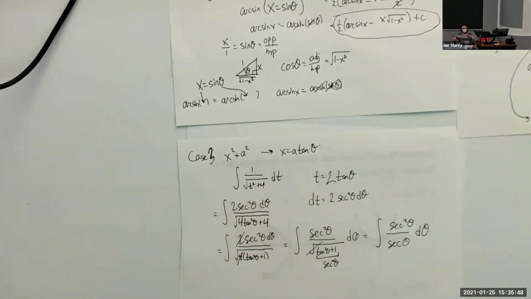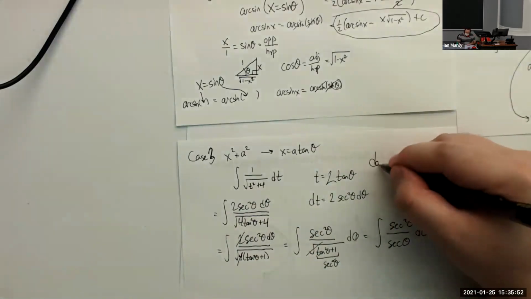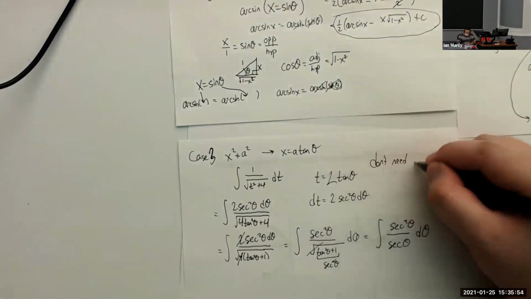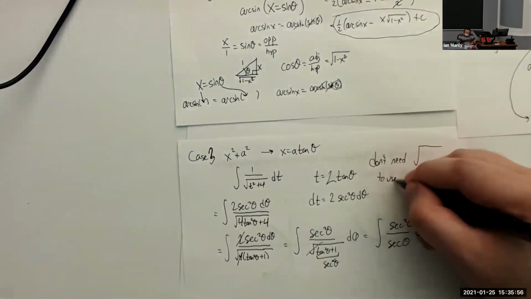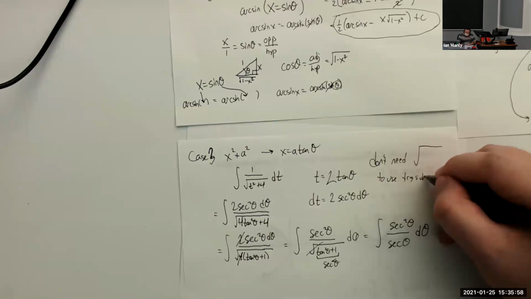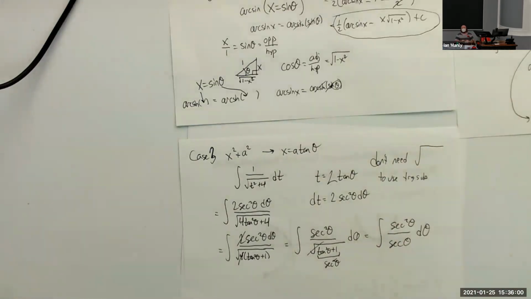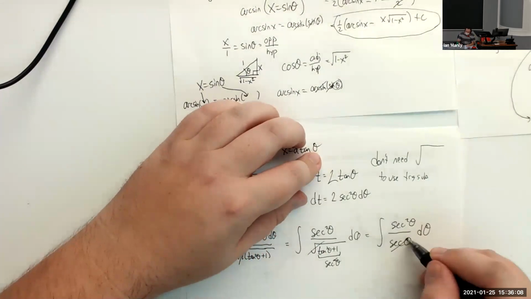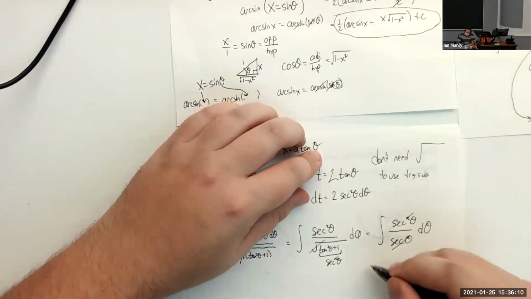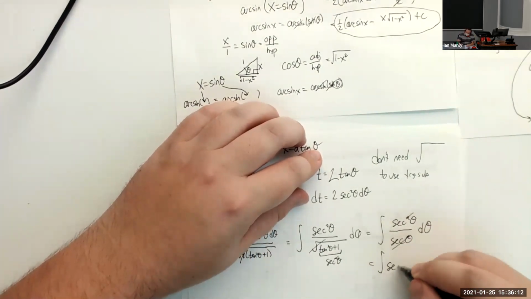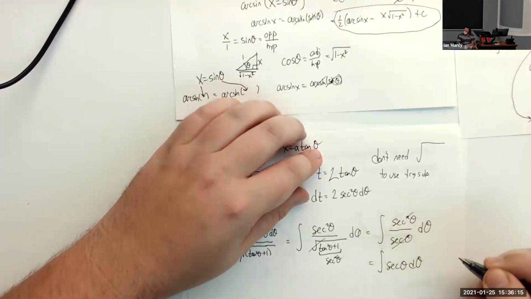I don't know who starts saying this, but you don't need a square root to use trig sub. You can use it anytime you want. Anytime you have one of those three situations I wrote down earlier, you could use trig sub, square root or not. All right, well, the square root was pretty nice here because we can get rid of this and we can get rid of that. And we're integrating secant of theta.